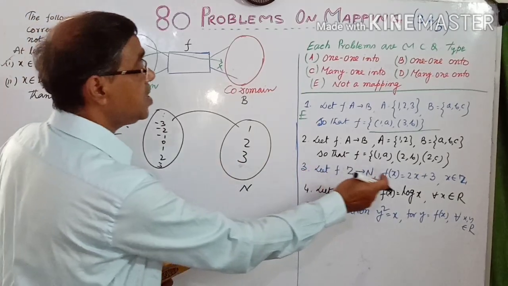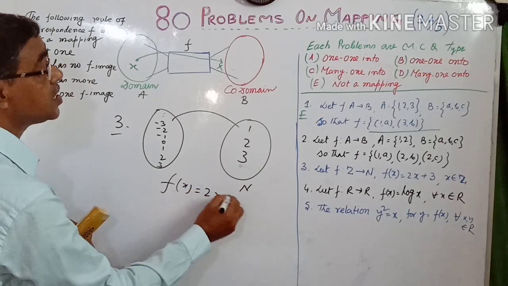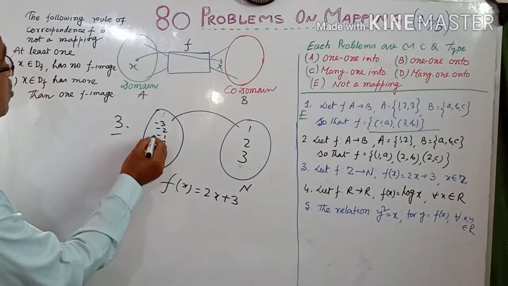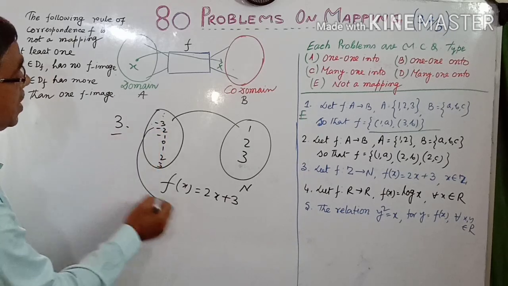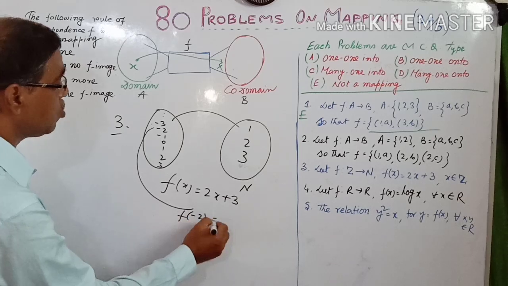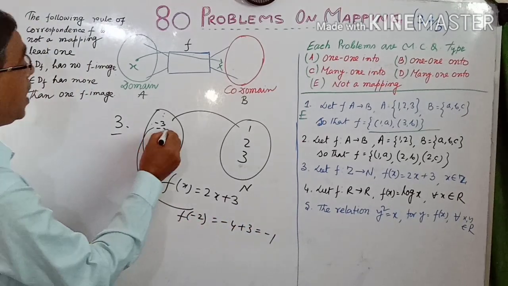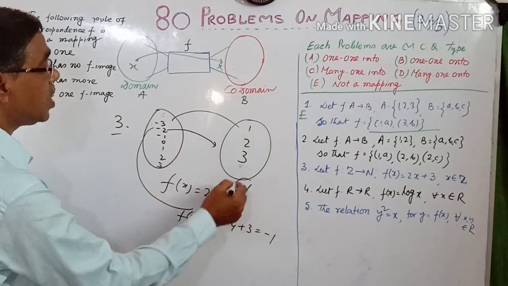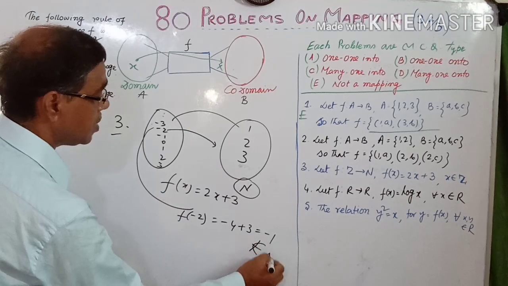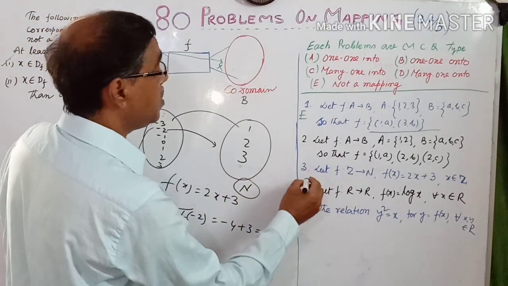Here the correspondence is f(x) equals 2x plus 3. But if we take the value of x, suppose -2, then f(-2) equals -4 plus 3 equals -1. But -1 does not belong to the codomain N. f(-2) does not belong to N. Therefore, it also does not form a mapping.